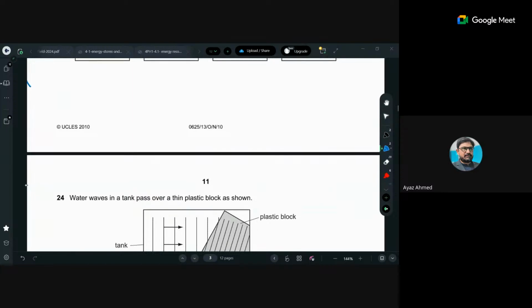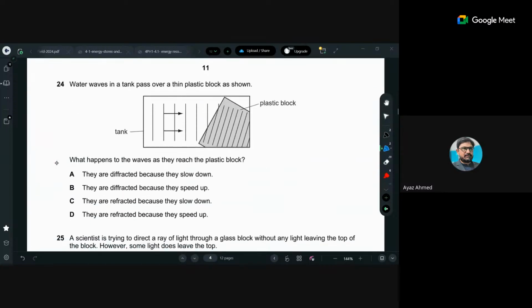Good. The next question was a bit tricky. You have wave fronts coming from left to right, and there is a plastic block, meaning the depth is changed. When the water goes from deeper to shallower, what happens?